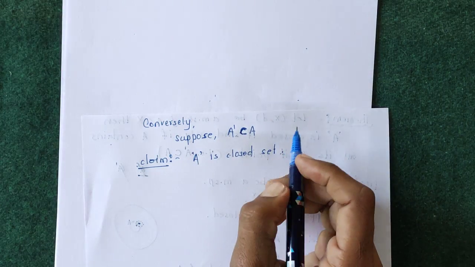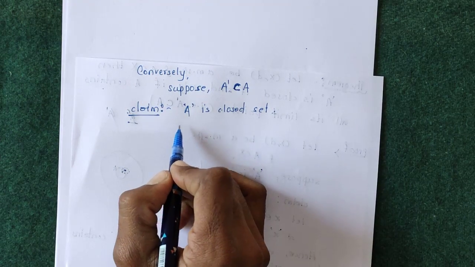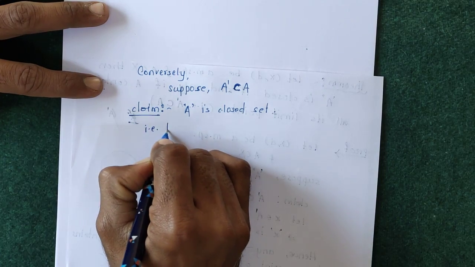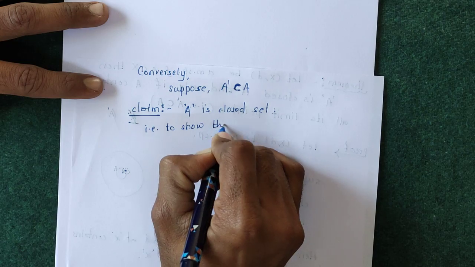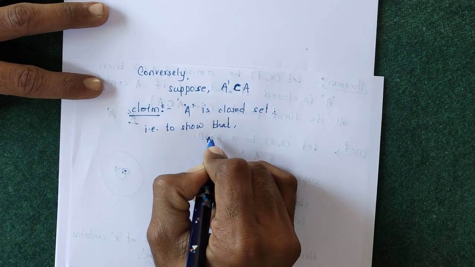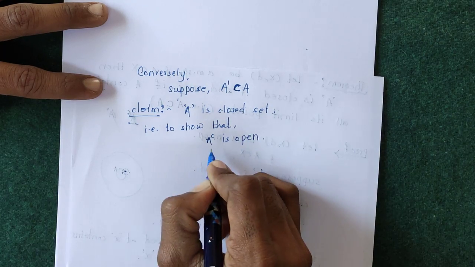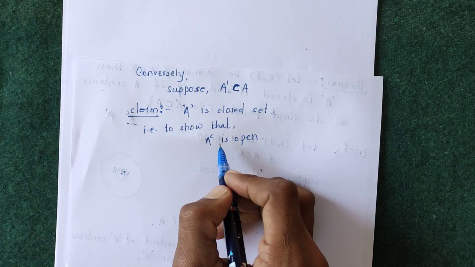To prove A is closed, we have to prove that its complement is open, that is X minus A, or A complement, is open. A complement means x belongs to the metric space X, but x does not belong to this set A.